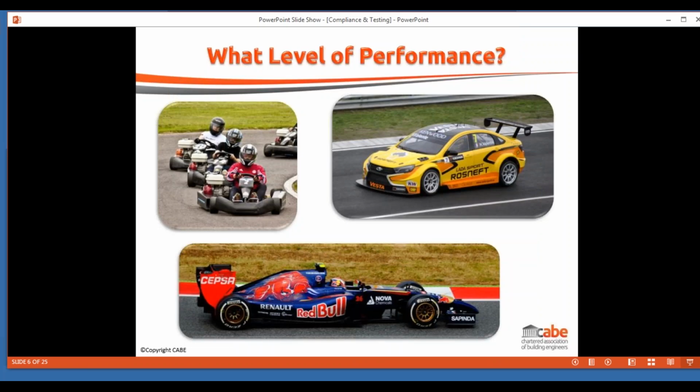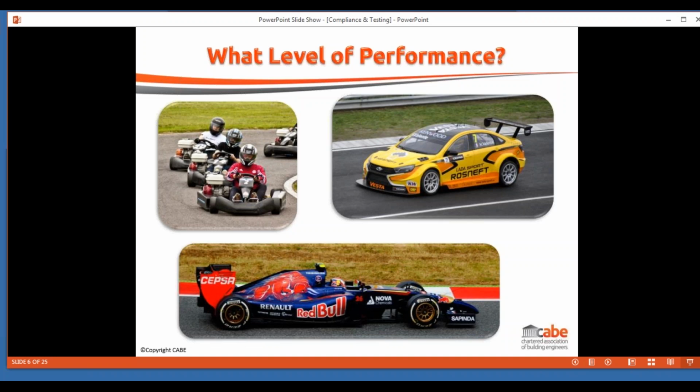Hopefully you'll now pop back to the screen that I'm looking at, and we'll start looking at the rest of the presentation. So the first question is, when we're testing for performance, what sort of level of performance are we actually looking at? Are we looking at the very best, which might be what the client and the designer are hoping to achieve?